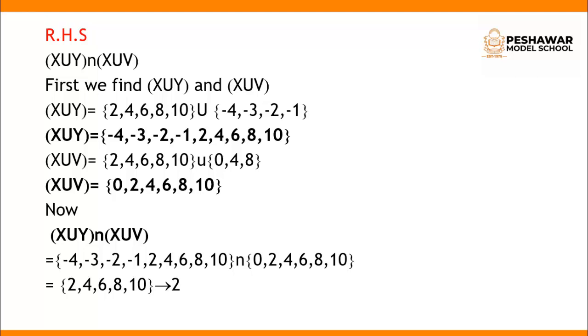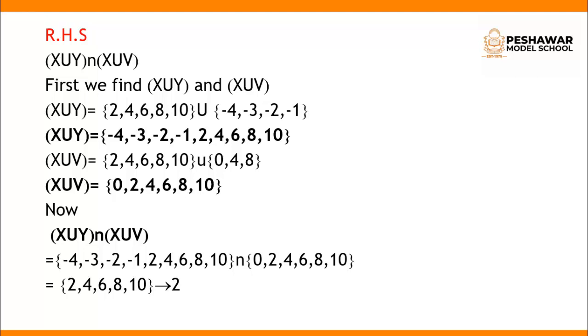In these sets there are no negative integers, so we find the smallest element, that is 0, 2, 4, 6, 8 and 10. So this is not the complete form of the right hand side. These are just the answers of X union Y and X union V.